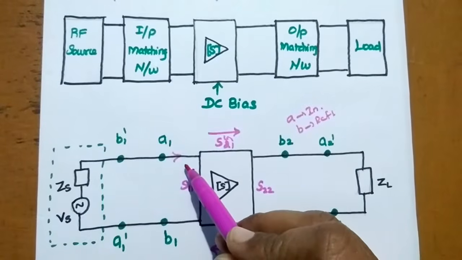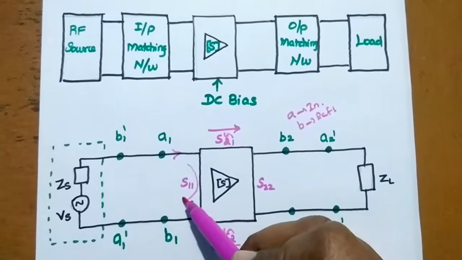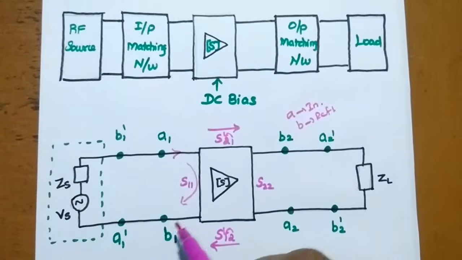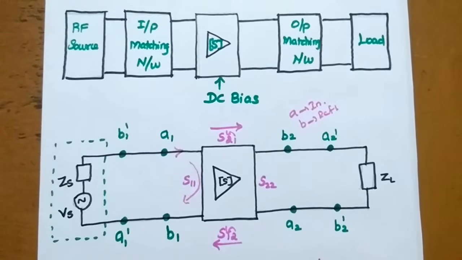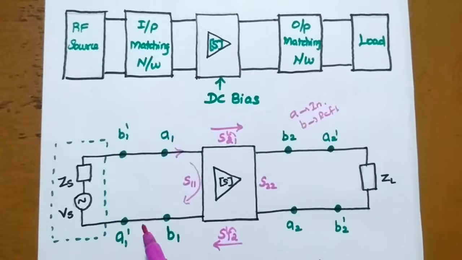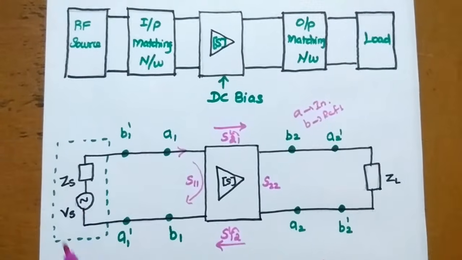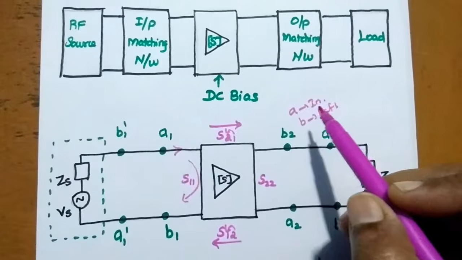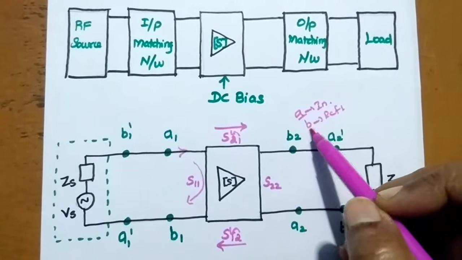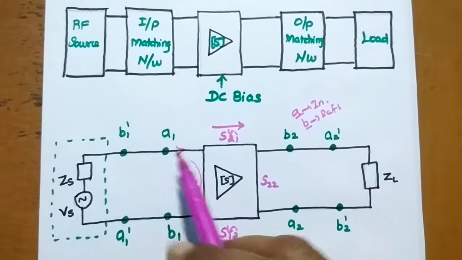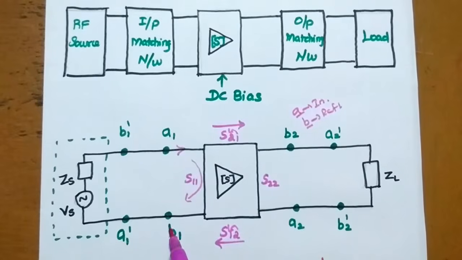If there is any impedance mismatch, some of the signal can be reflected back. The reflected signal is denoted as B1. This B1 becomes the input to the RF source. As I mentioned, the input signal is represented as A and the reflected signal as B. So A1 is the input to the amplifier, B1 is the reflected signal from the amplifier.